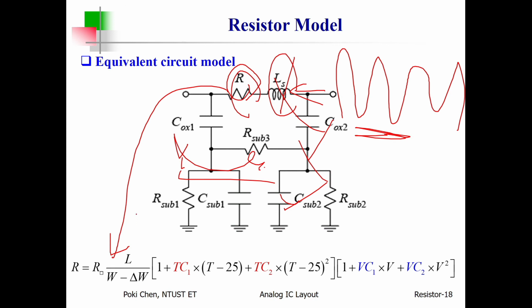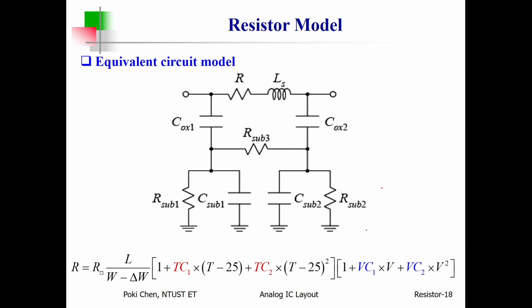Quite many parameters which will scale you. Why? Because for new engineers, they always think, what is the main resistor? Actually, it is the sheet resistance times the length over the width.